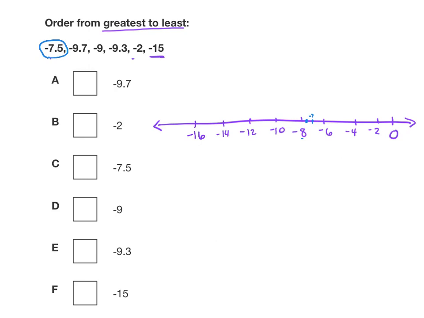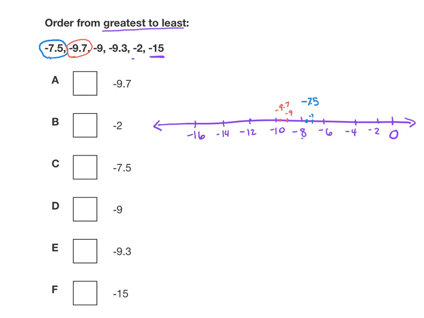So it would be right here, negative 7.5. Negative 9.7. Well, here's negative 9 in between here, but I need negative 9.7, which is actually closer to negative 10. So this would be negative 9.7.